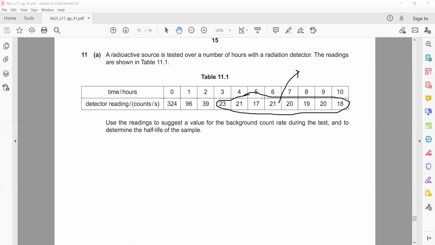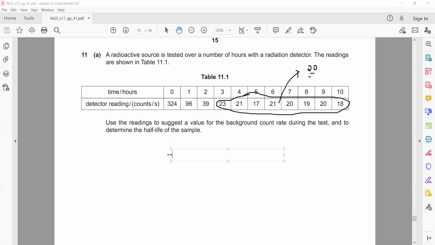So the background count, approximately when you take an average, will come out to be 20. Now the detector reading is source plus background.